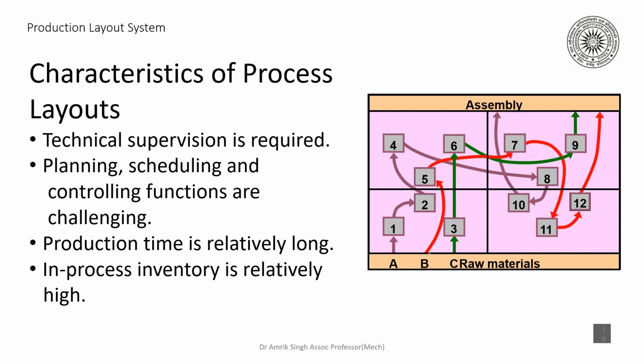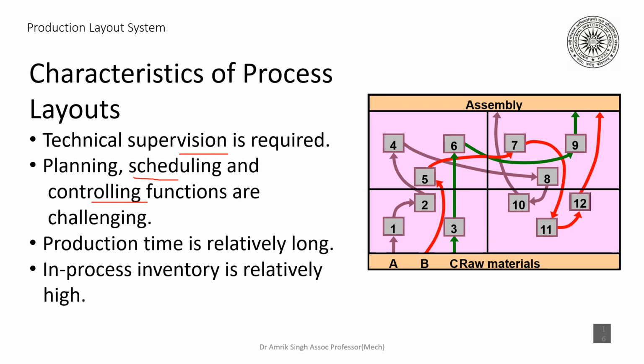Similarly, product B goes to 5, it goes to 7, it goes to 11, then 12, and then it goes on. Similarly, the third. So you see, all the materials cannot be at the same position. Okay, so you see, they may go on the same machine, they may not. Okay, so technical supervision is required.